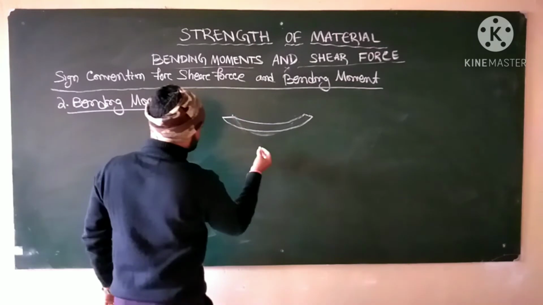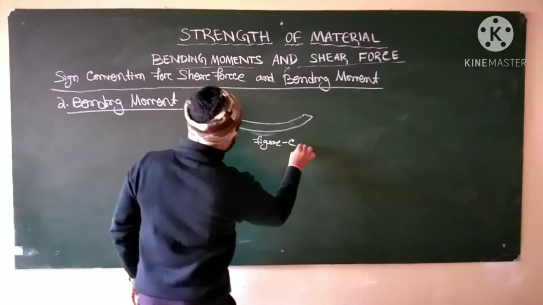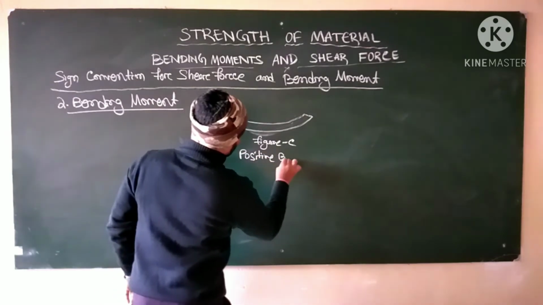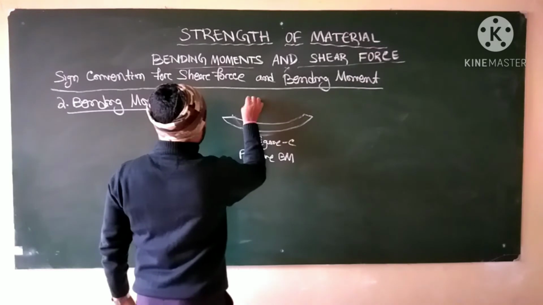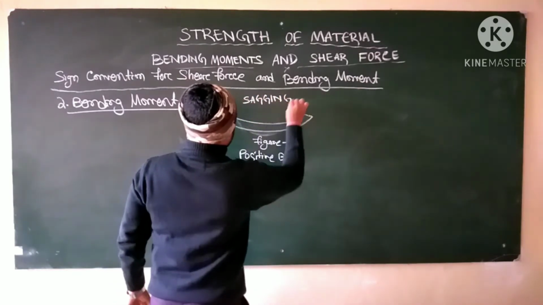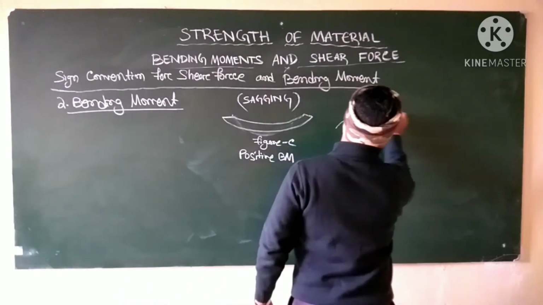That is your figure C, or you can say positive bending moment, or you can say sagging, S-A-G-G-I-N-G, sagging moment. Then another one is your negative.